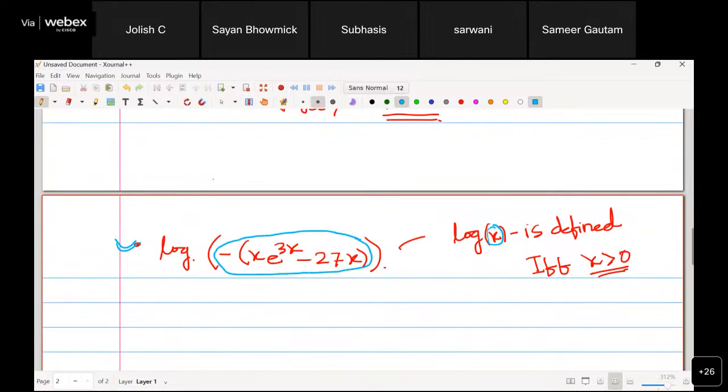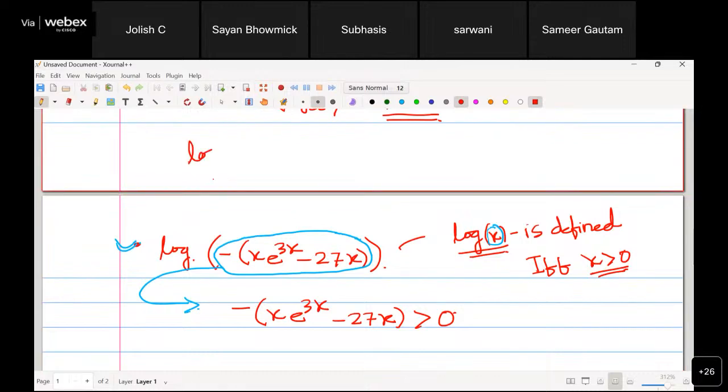right? So to find out the domain of this function, I need to find all the points for which this thing is greater than 0. If this is greater than 0, then log of this is defined, because by definition, log of x is defined when x is greater than 0. So when I have log of something, it doesn't matter what this thing is.